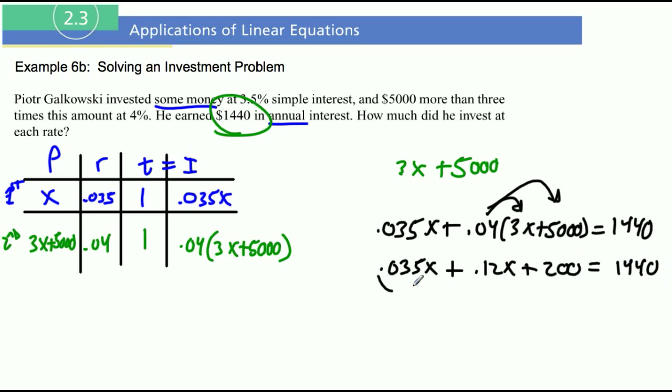I can combine these two guys right here together. So if I do 0.035 plus 0.12, I get 0.155x. Plus 200 equals 1440. Subtract 200 from both sides.